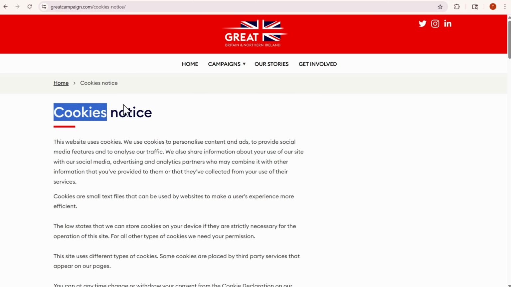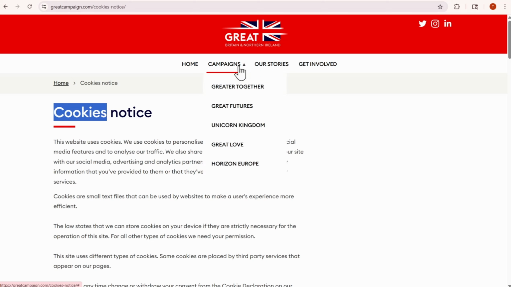Let me explain. Most organizations are updating their website in some capacity. I'm just going to scroll down for an example, right? Let's say that the campaign changes, great futures. I don't know this business, this is just an example. If the campaign that's being run in 2025 is different to the campaign that's being run in 2026, and there are different features that are introduced as a result of the campaign, that may influence the cookies that are collected on the site, which is why this needs to be reviewed in tandem periodically as and when different pages on the site change.